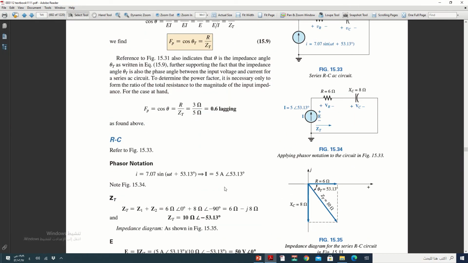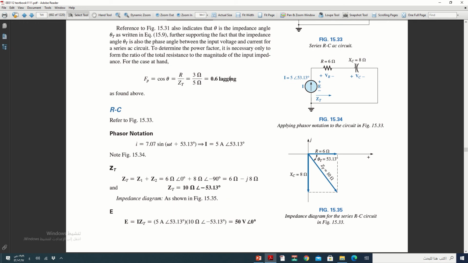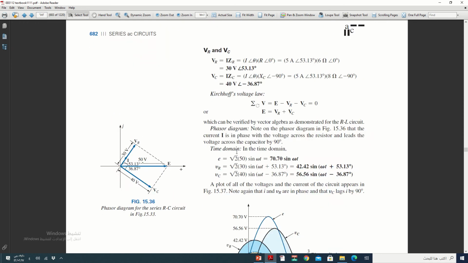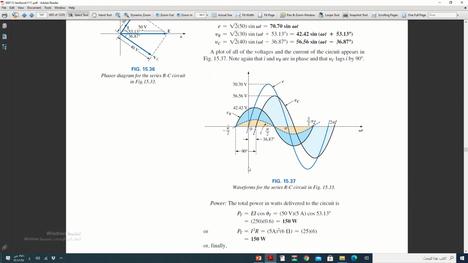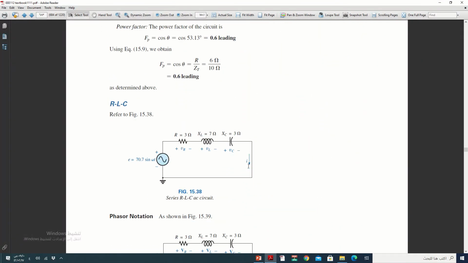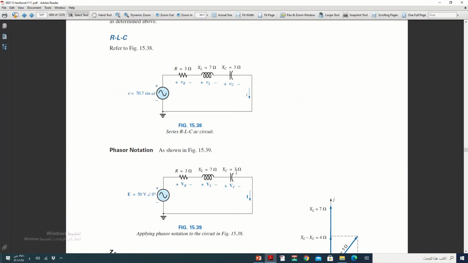Okay, here is another example with the resistor and capacitor. Try to go through it similarly. After that, they draw the waveform. Let us go through resistor, inductor, capacitor.